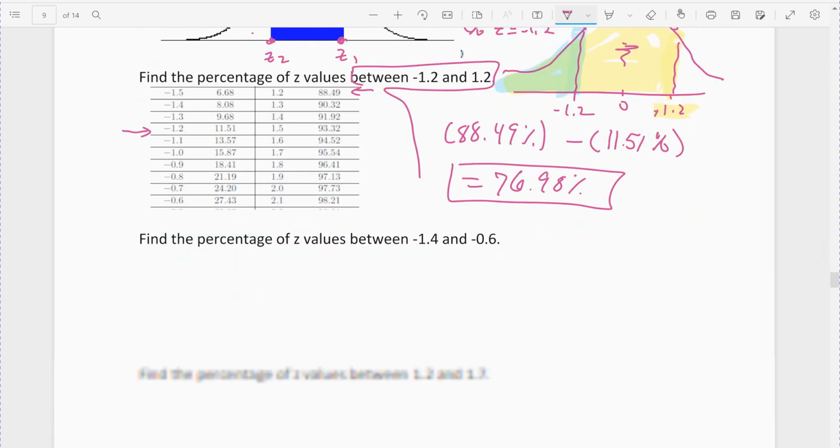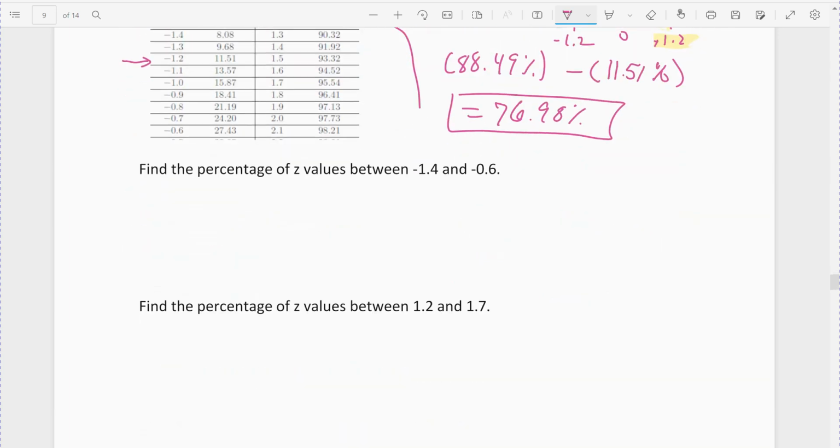Alright, let's do another example. This is the hard one. I'm going to actually do 3 of these. So between two negative values. If I draw the picture, it's a horrible picture. Drawing it on a tablet, not always easy. Both of them land to the left.